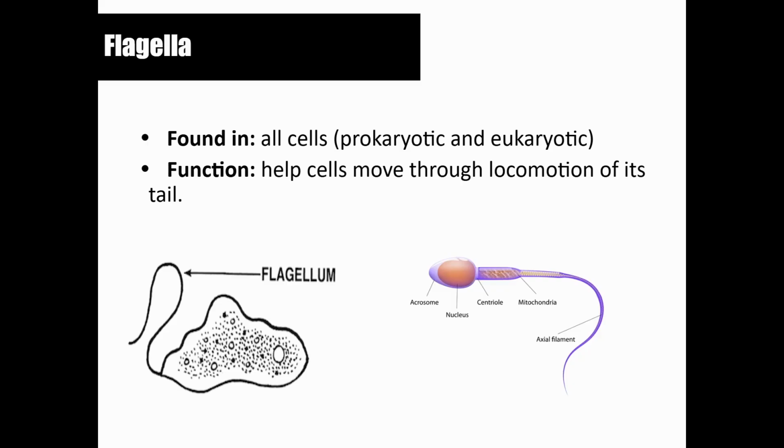We're talking about whether they're prokaryotic or eukaryotic. And they're found in both. The function is to help a cell move. It literally is thrown back and forth in an almost engine-like rhythmic pattern, and that causes it to almost propel it.